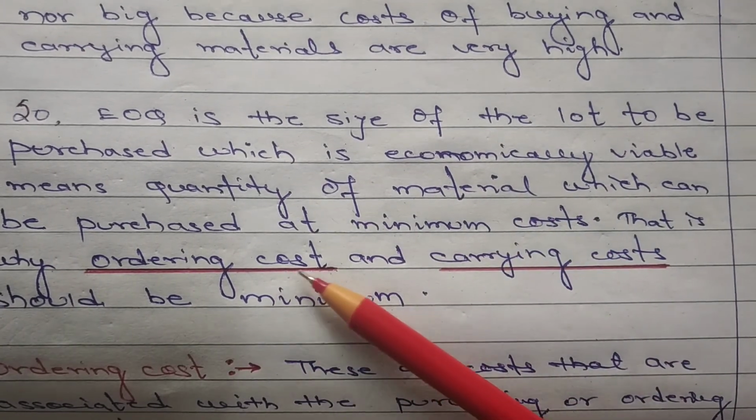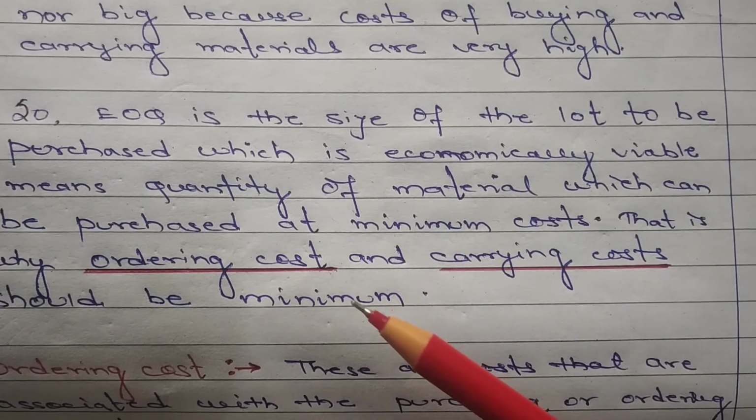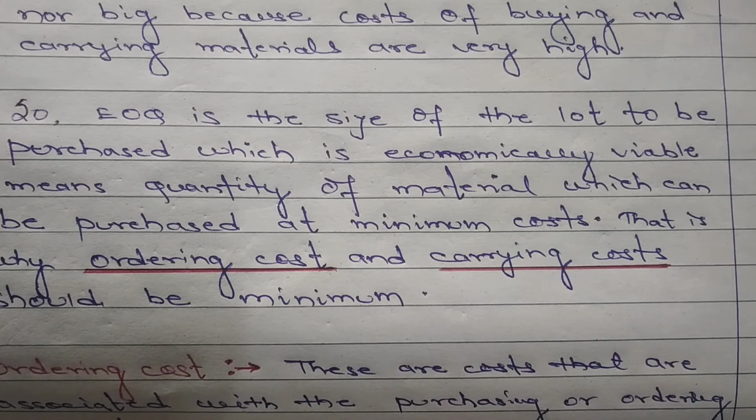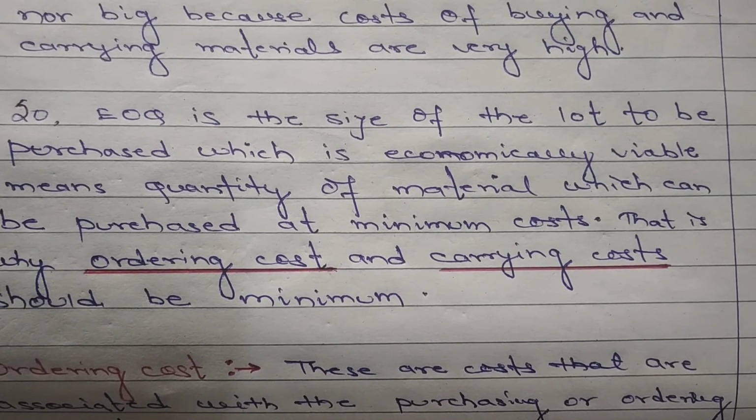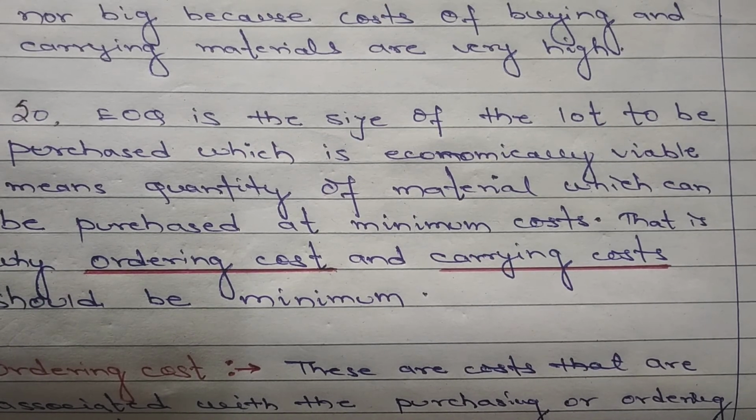That is why ordering cost and carrying cost should be minimum. If both are minimum, then obviously your total cost would be minimum. So this is all about EOQ, economic order quantity. In the next video we'll discuss how we measure the EOQ. Thank you.